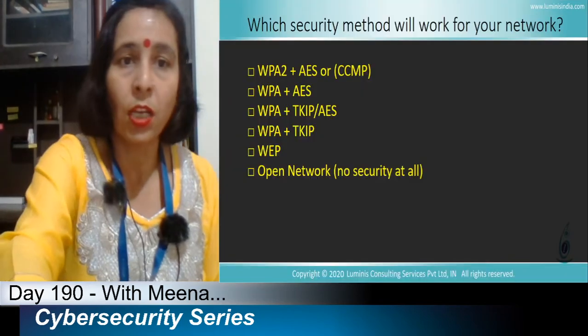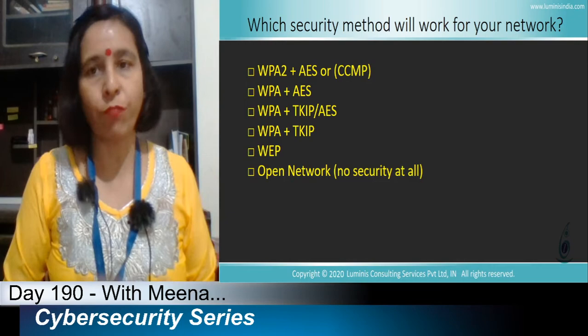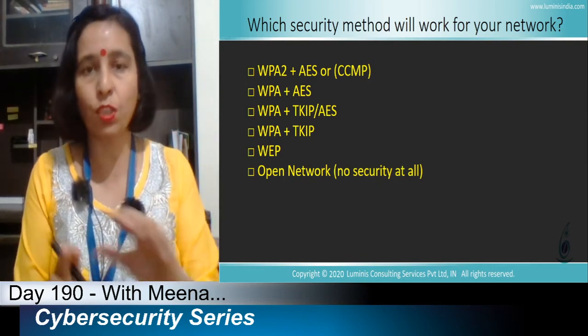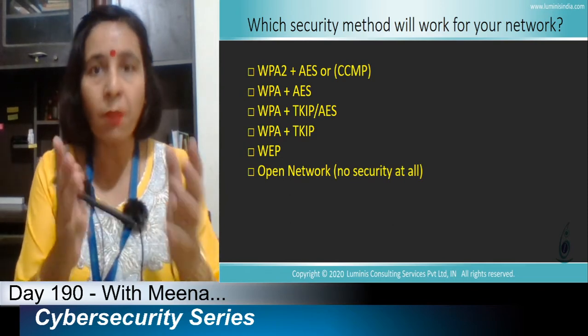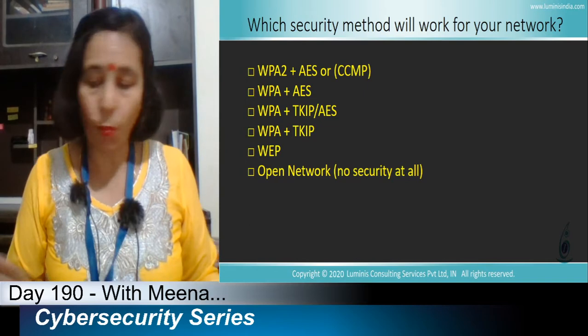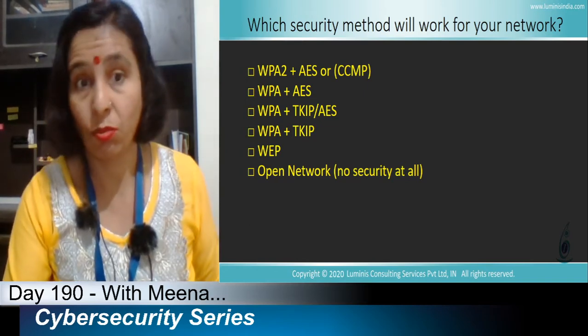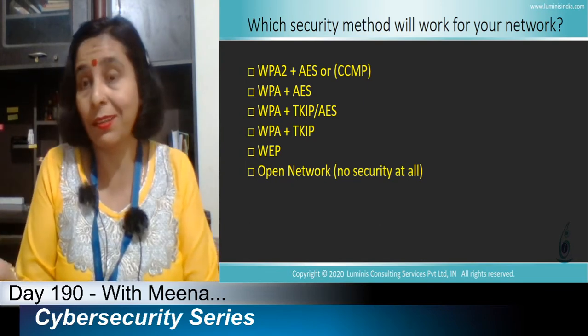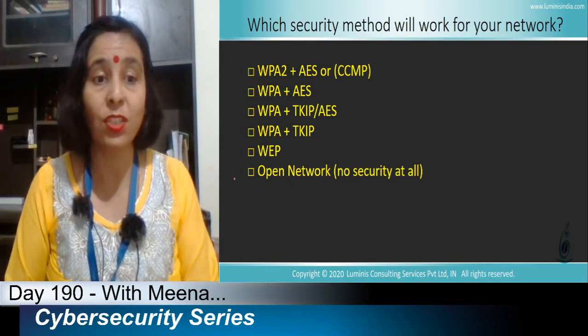So first of all, you need to find out which security method or which protocol you can enable on your Wi-Fi device. It can be an open network, no security at all. Maybe you are not using it, so that is open security.